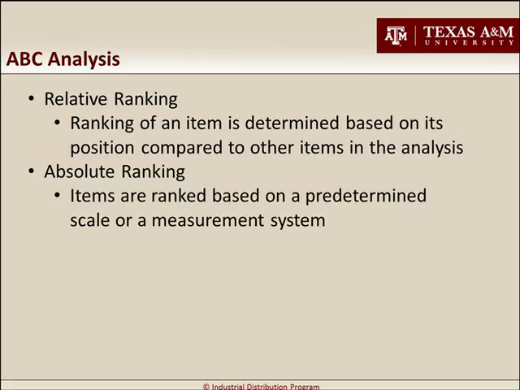This time, you predetermine the scales, and then you say who hits that scale, and then it becomes an ABC item. You can think of absolute ranking as your grade in this course. For example, the syllabus says if you get over 90% of the grade, you get the A in this class. So that's an absolute ranking basically.